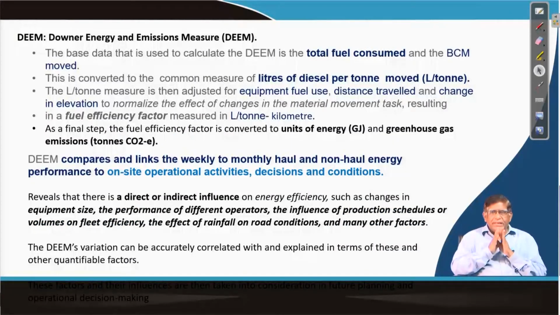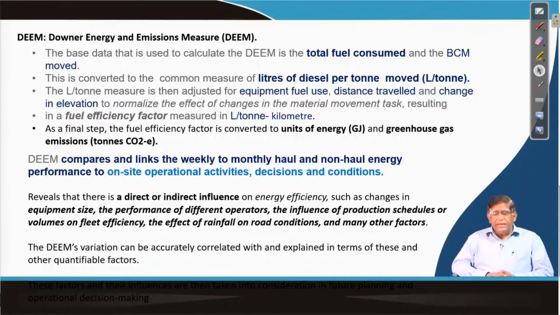So, in this new methodology, Downer Energy and Emission Measures, they take the total fuel consumed and total bench cubic meters transported, and convert this into liters of diesel per ton moved. From cubic meter they go to per ton, and then this is adjusted for fuel use, distance travelled and change in elevation.